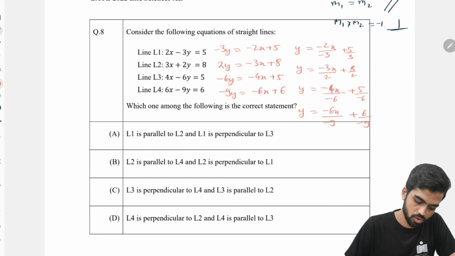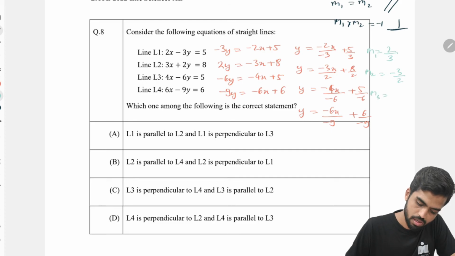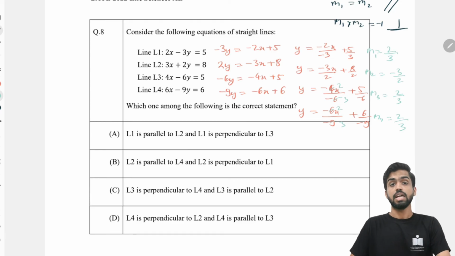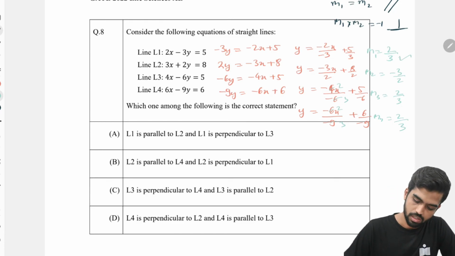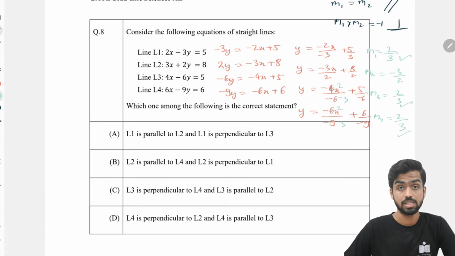So if we see the slopes, here m1 is 2/3, m2 will be -3/2, m3 will be 2/3, and m4 will be 6/9, which is 2/3. So we can see that the slopes of the three lines, the first, third and fourth, are the same.